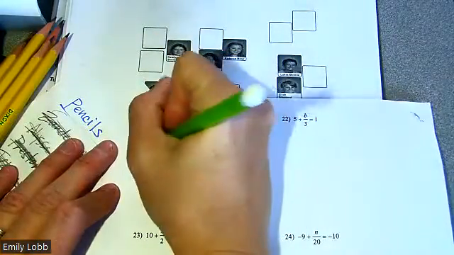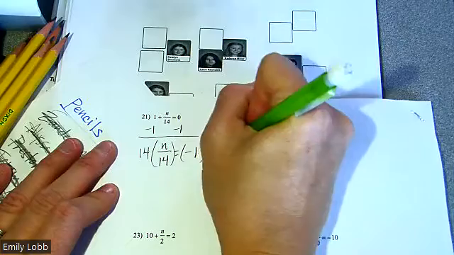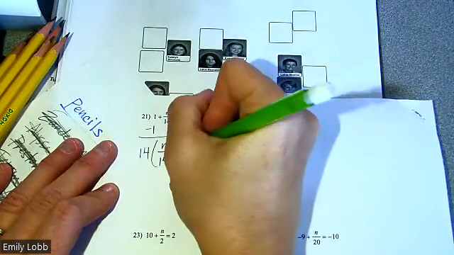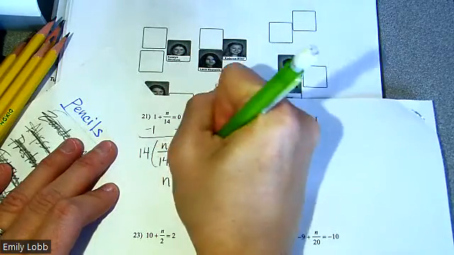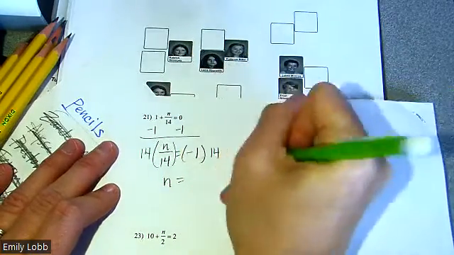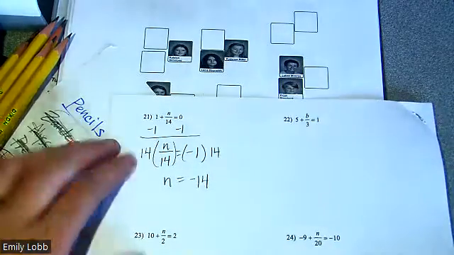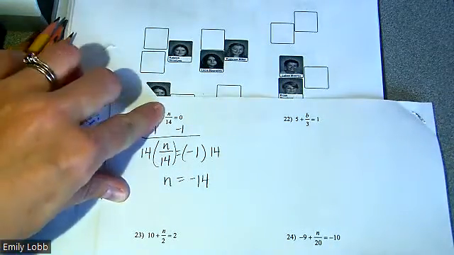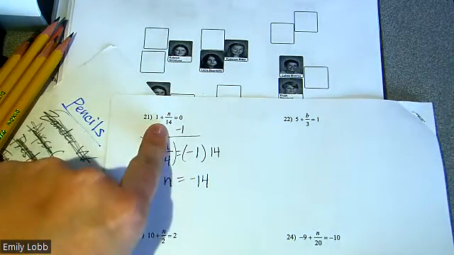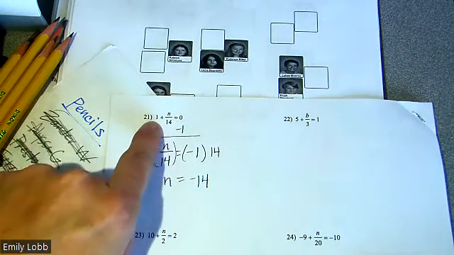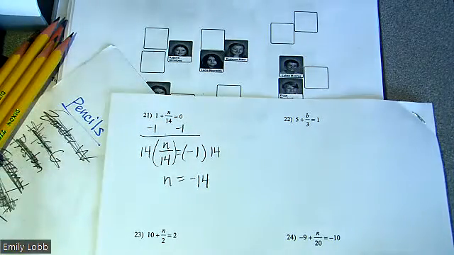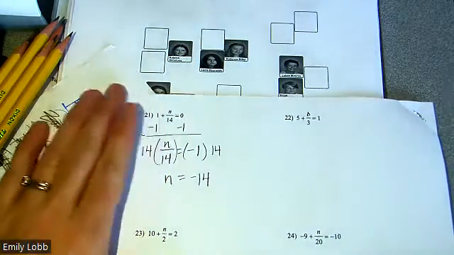So be careful here that you're showing your work. 14n divided by 14 is 1n. -1 times 14 is -14. So essentially, -14 divided by 14 is -1. 1 plus that -1 does equal 0.